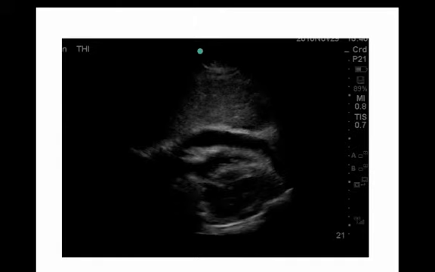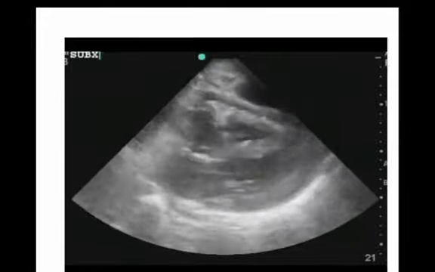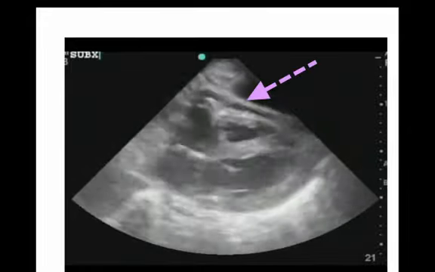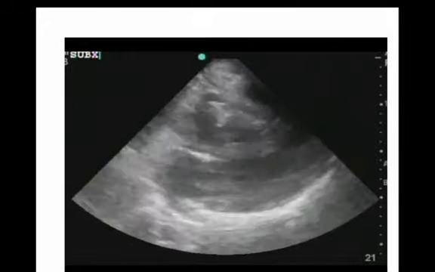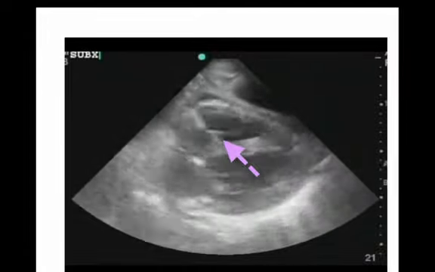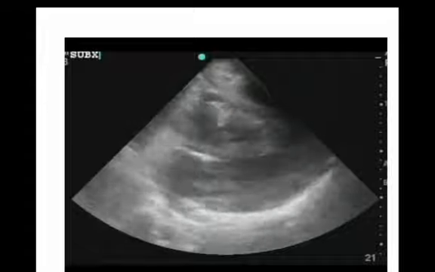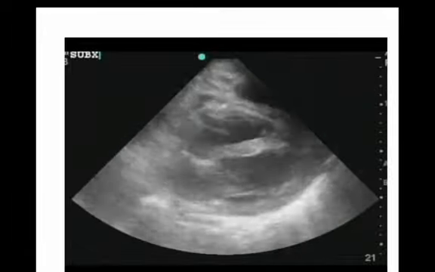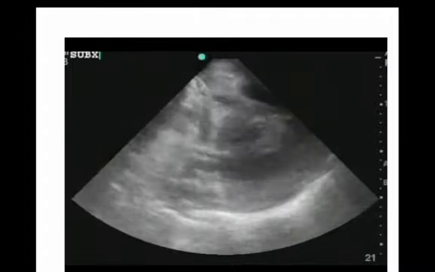Let's move on to an actual real-time ultrasound study. Here we can see the bright line of the pericardium. We can see the beating heart. And you can also see this small anechoic area, which is black, a black stripe, between the heart and the pericardium.